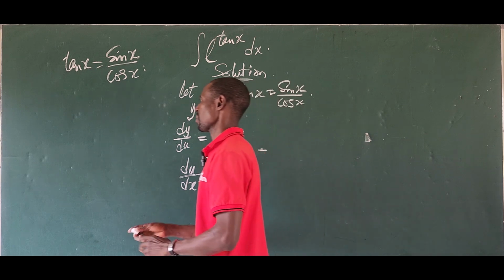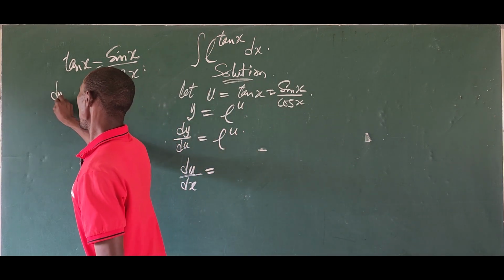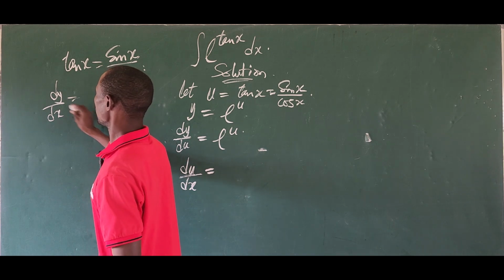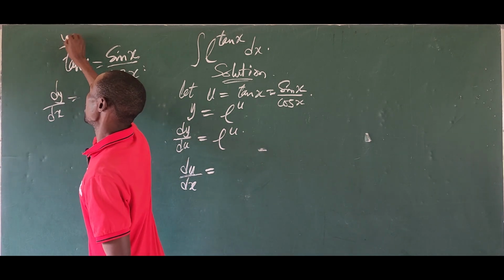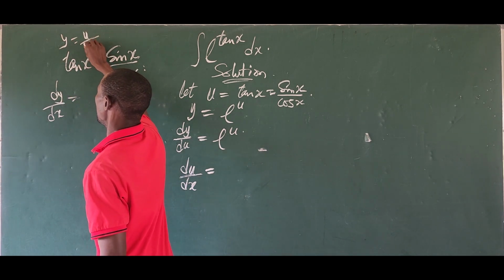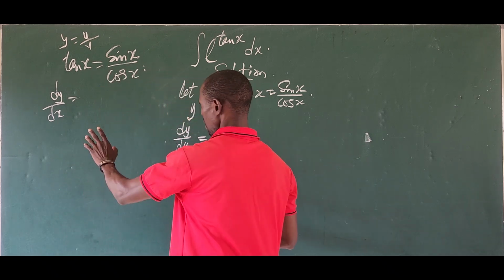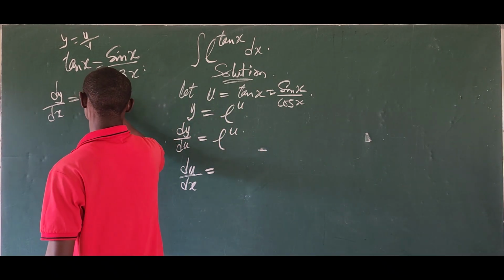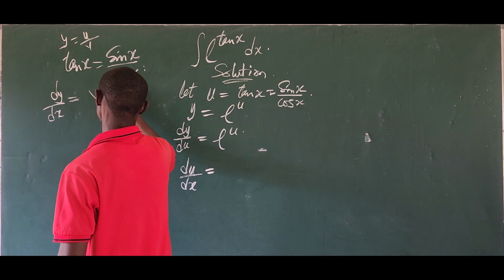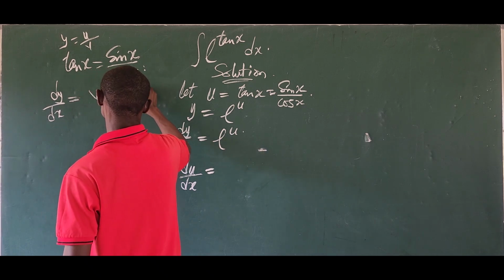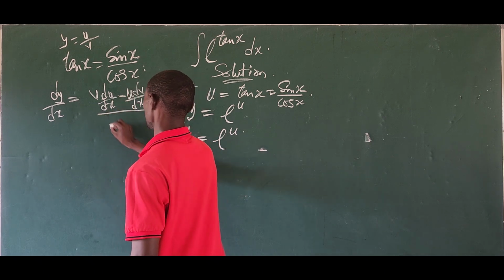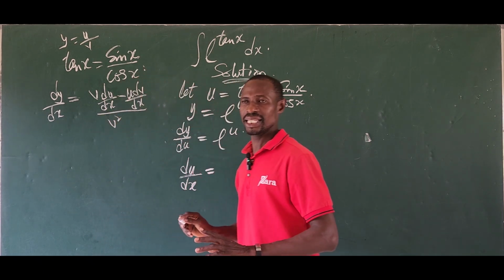The quotient rule says that when you have your function y equal to u all over v, right, dy/dx will give us v du/dx minus u dv/dx, everything all over v squared. We remember this, right? Good.